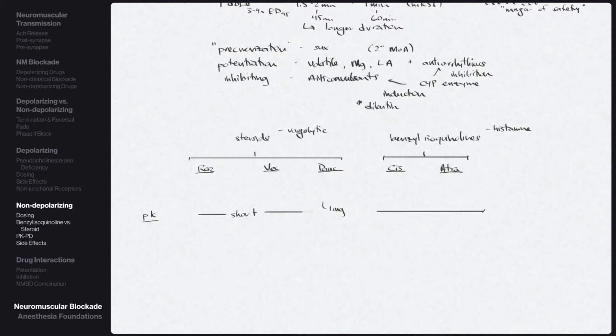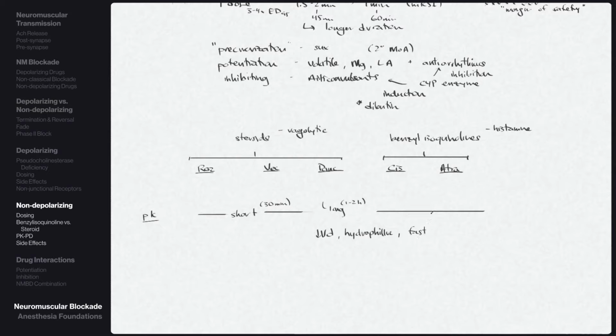And so pancuronium can probably last about 1 to 2 hours, while all our other agents are roughly around the 30-minute mark, give or take. And another thing that's relatively common between all our non-depolarizing agents is that they all have a relatively small volume of distribution. They all happen to be very hydrophilic, and that this leads to us having a very fast onset of action.